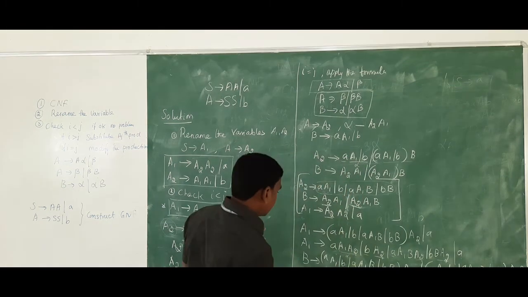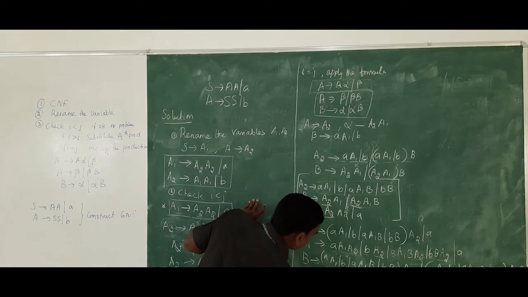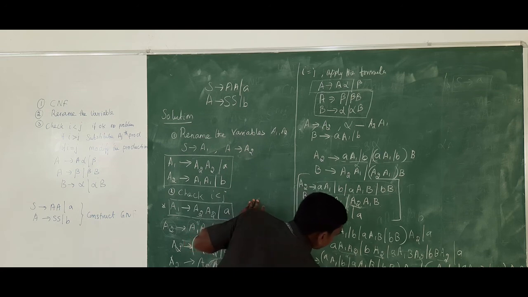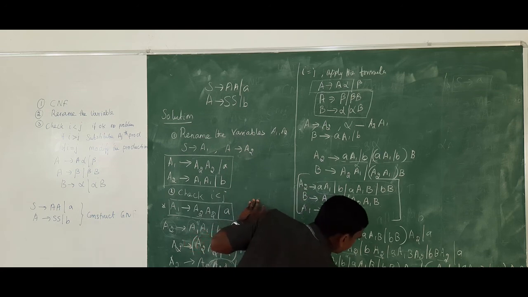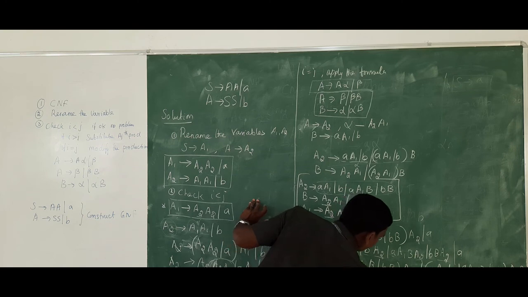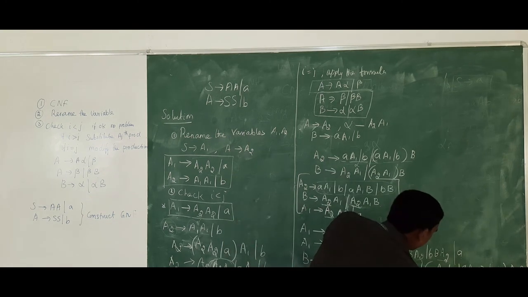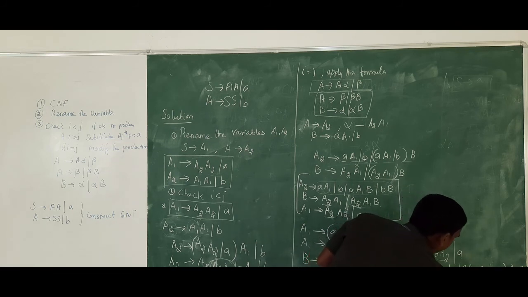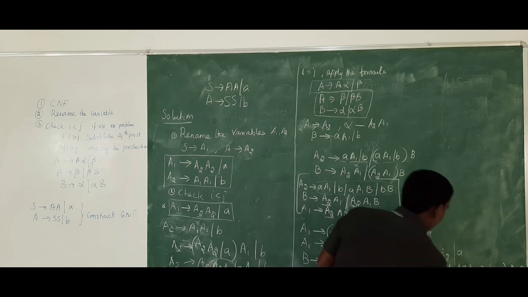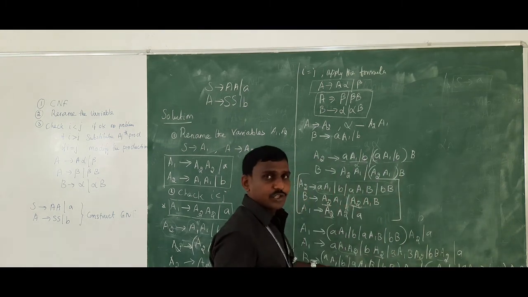Okay, so you will get it like A1, that A1, this A1, B-A1 and A slash A1B A1 slash BB A1 slash, here also A1 into A1B slash B A1B slash A1B. Clear? It comes like the biggest term.